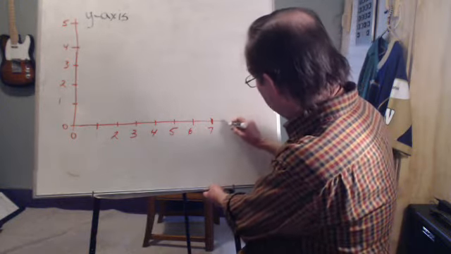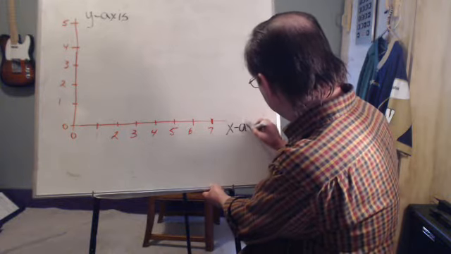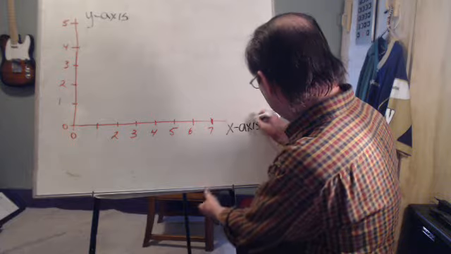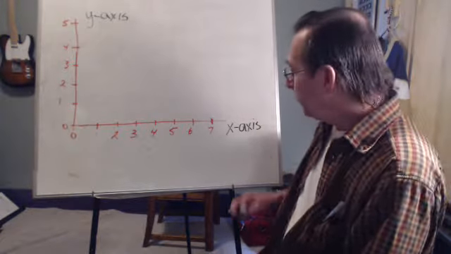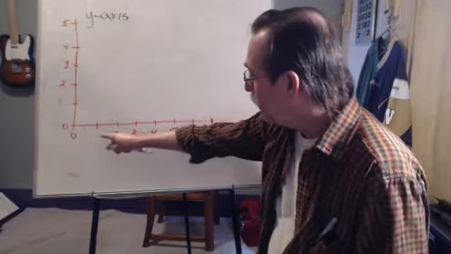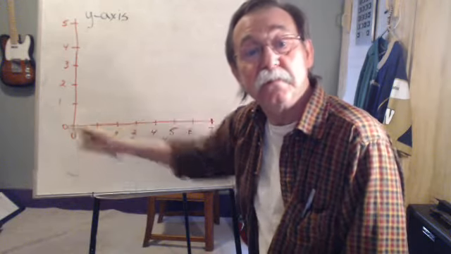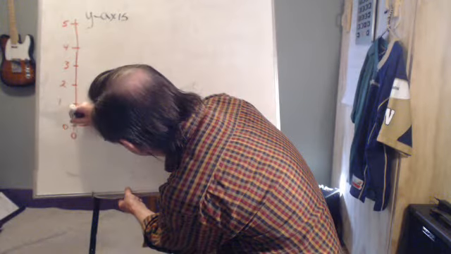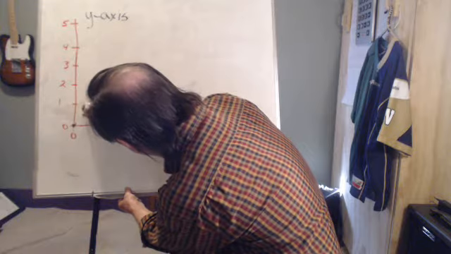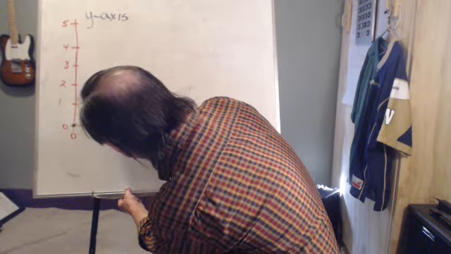This one over here is called the x-axis. And they start together in the same place at this point right there. I'm going to call this special point the origin: O-R-I-G-I-N.